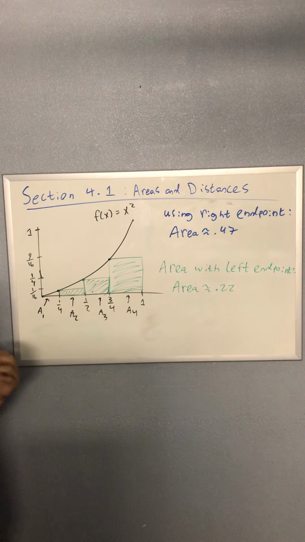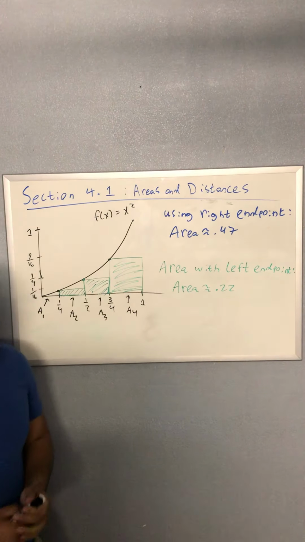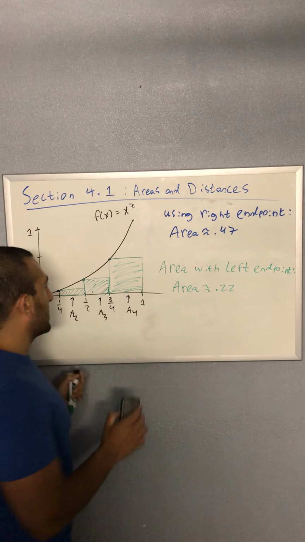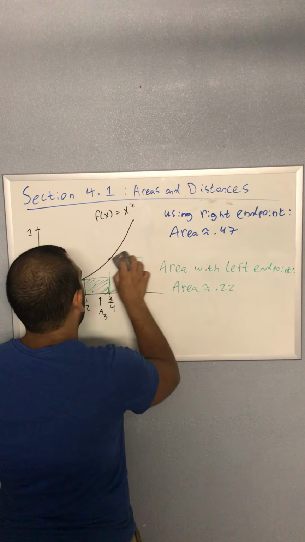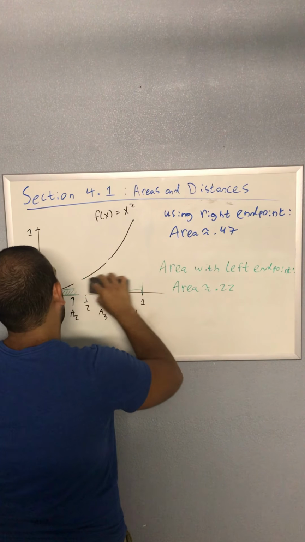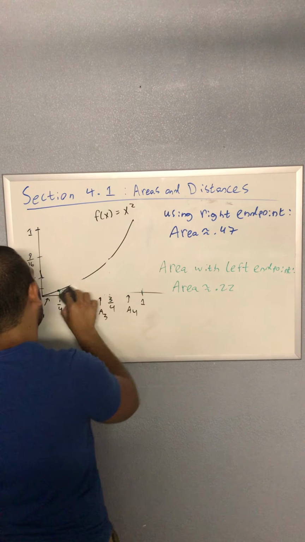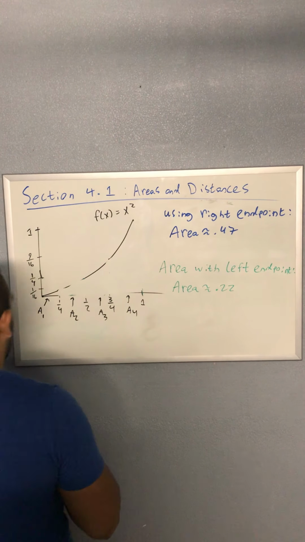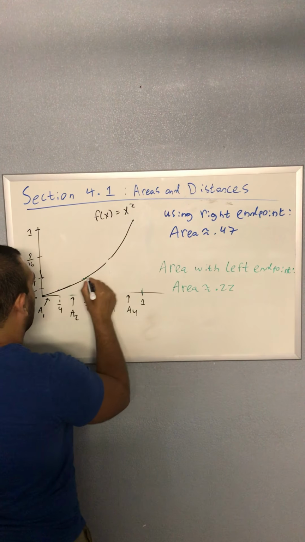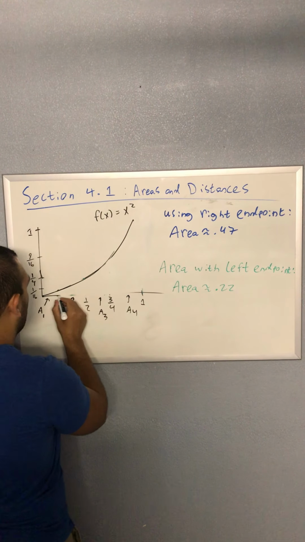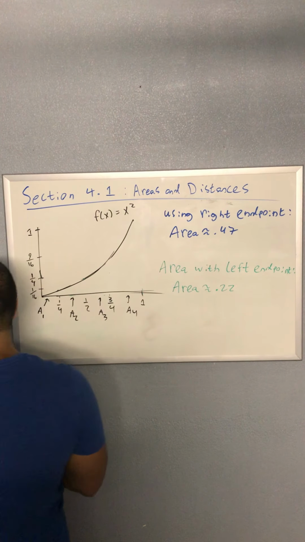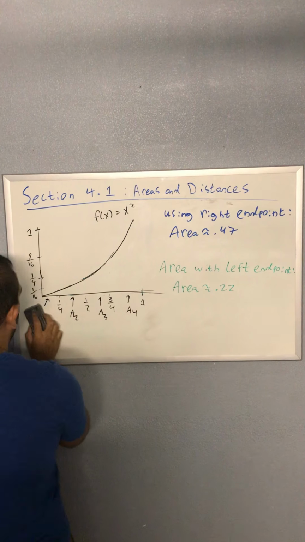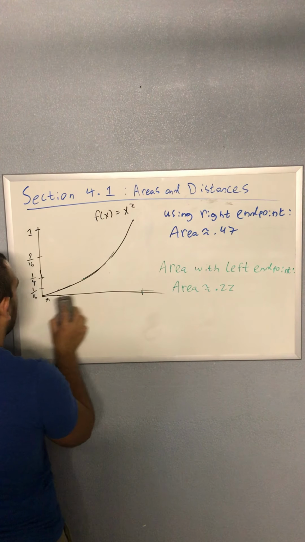So then the actual true area, the real area that we're interested in, the real area underneath this curve, then I can maybe just erase all of this because it looks kind of confusing.